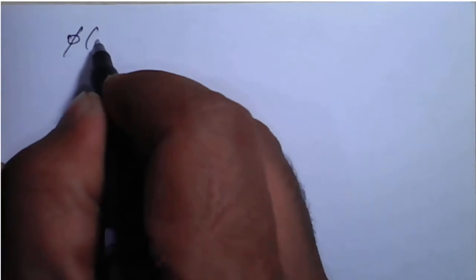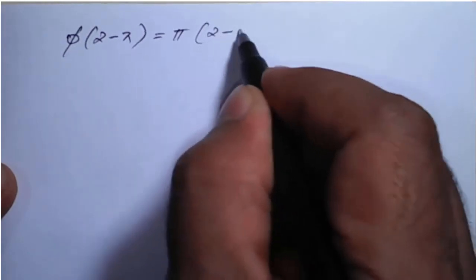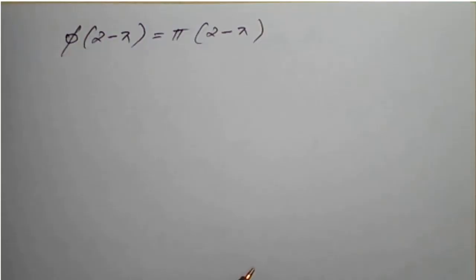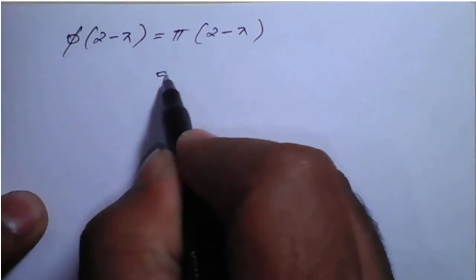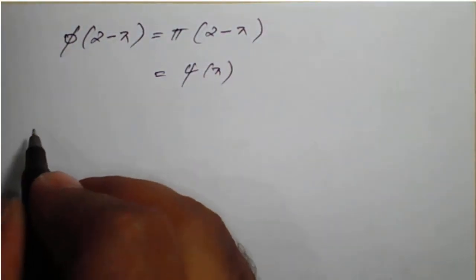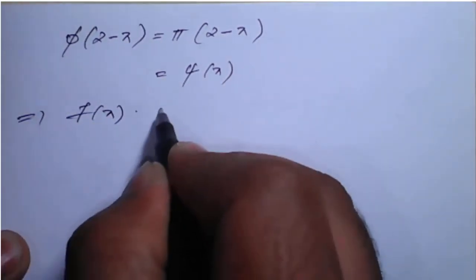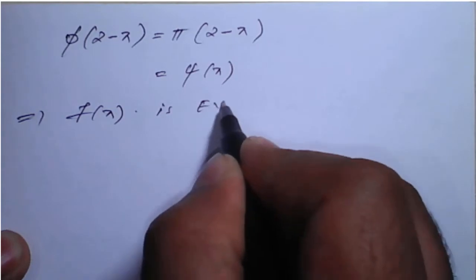So phi of 2 minus x is equal to pi into 2 minus x. So here you can observe that pi into 2 minus x is the value of our psi of x, plus times, which implies the function f of x is even.